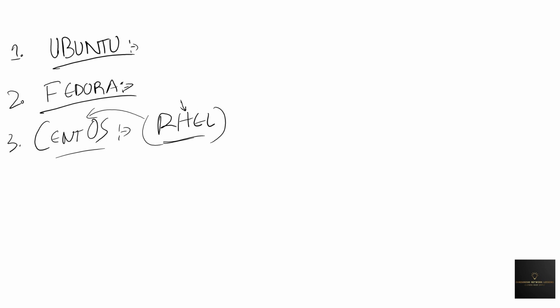It's known for its stability and suitability for servers. The last one is Debian, one of the oldest and most stable distributions. It emphasizes free software and is the basis for many other distributions, including Ubuntu.